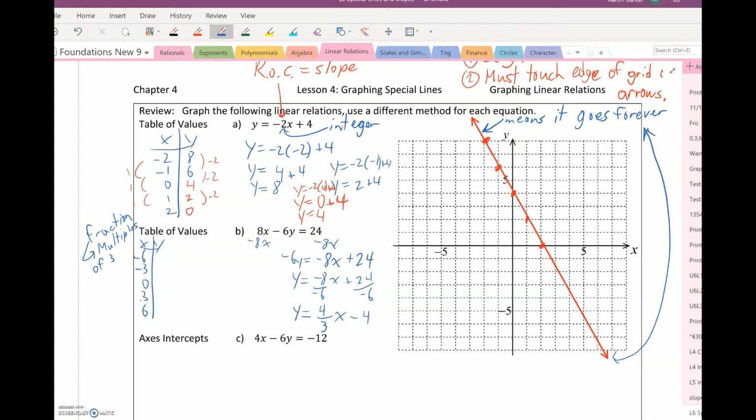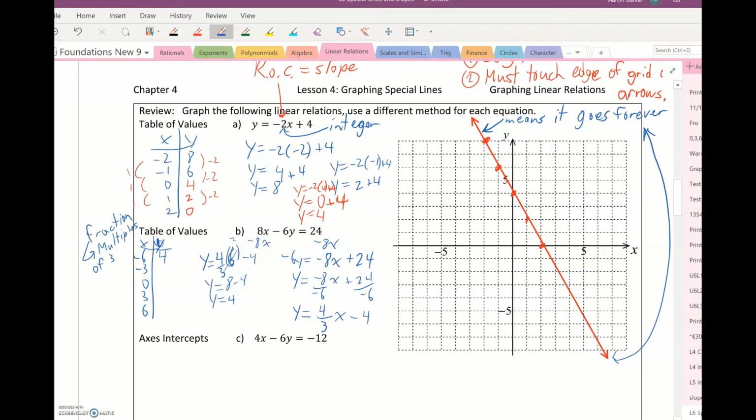Okay, so then let me do a little bit of math. So y equals positive 4/3 times 6, using brackets to multiply, minus 4. So y equals, those cancel to 2. 8 minus 4, y equals 4.